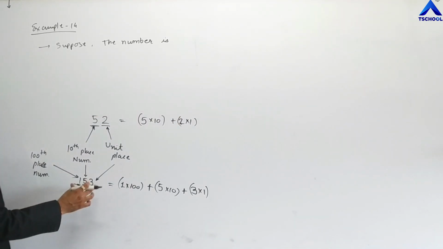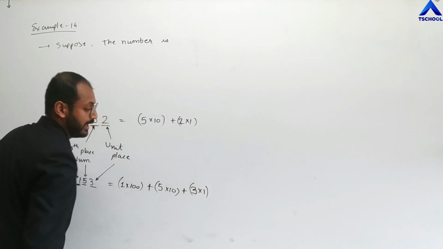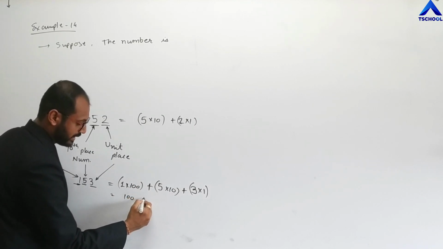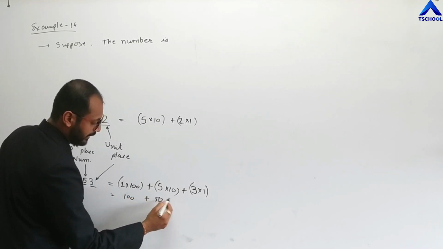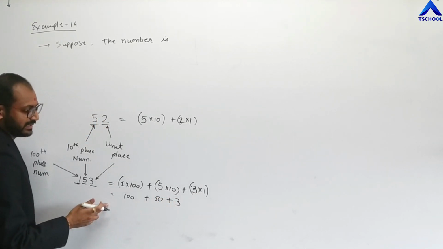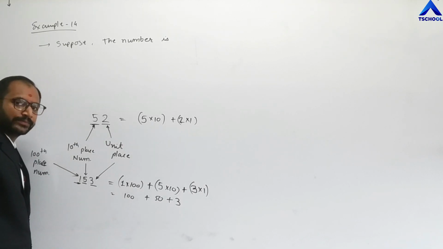So we can convert the given number into its expression form. Now we can add these. 100 ones are 100, plus 10 fives are 50, plus 3 ones are 3. When we add these, we get 153.